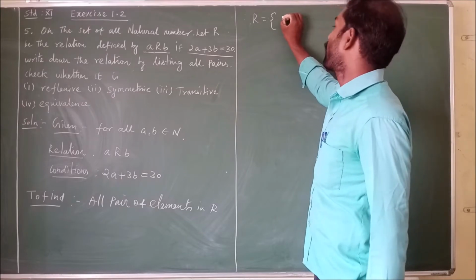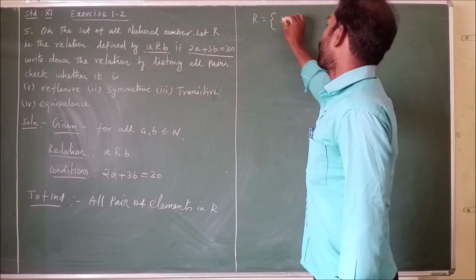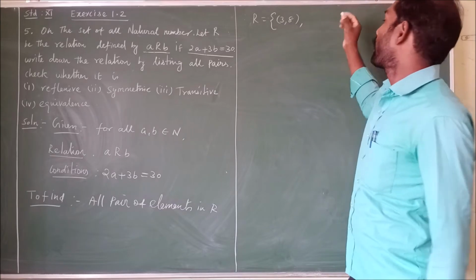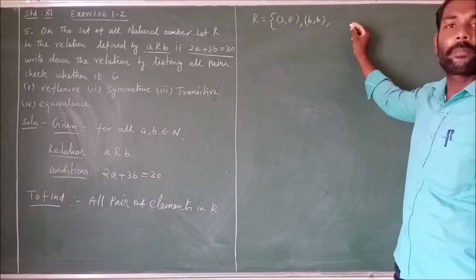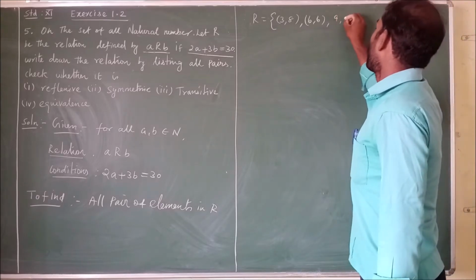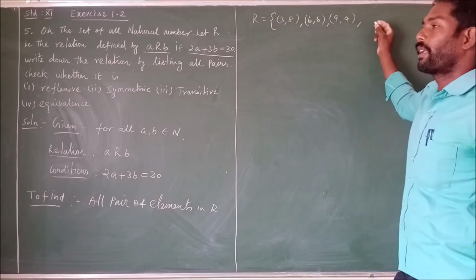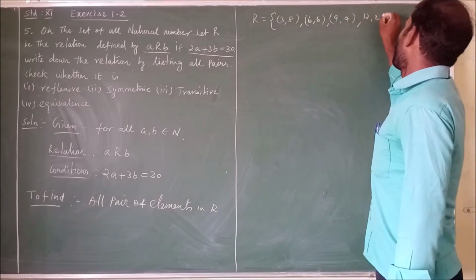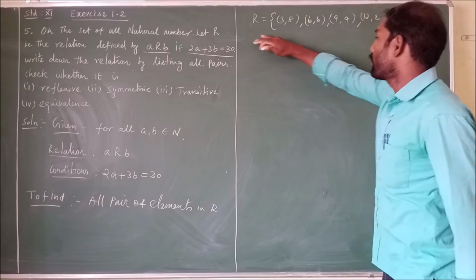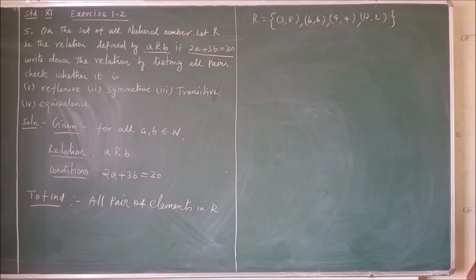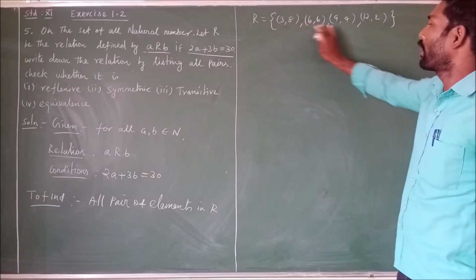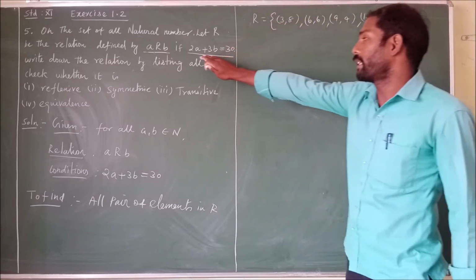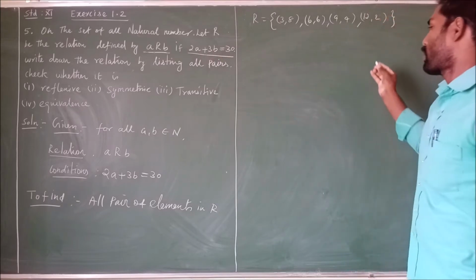{(3, 8), (6, 6), (9, 4), (12, 2)}. The first pair is 3, 8, the second pair is 6, 6, the third pair is 9, 4, and the fourth pair is 12, 2. This is the pairs of elements in the relation. How do we find them?